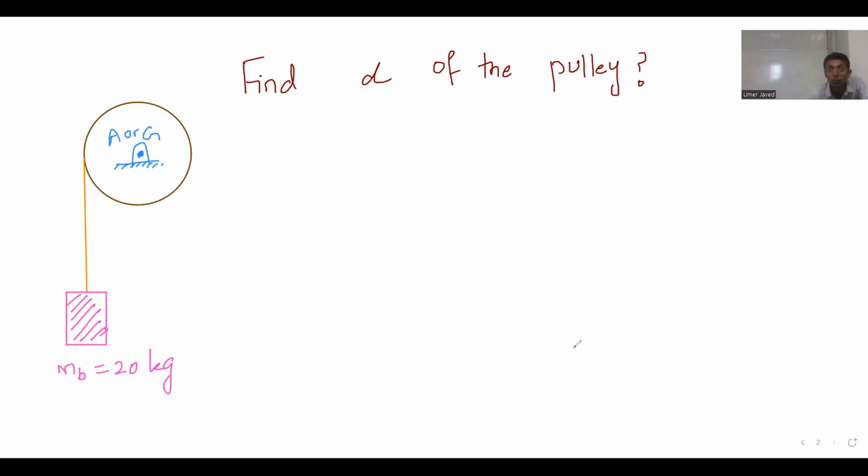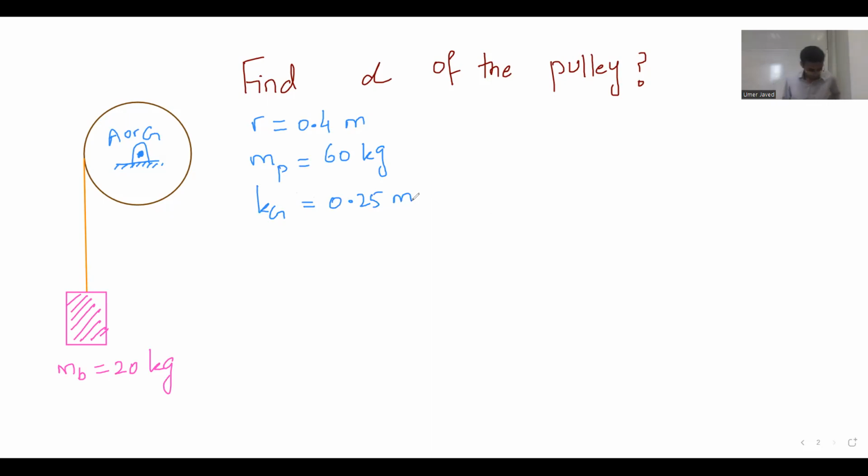What is the question? The question says that your R is 0.4 meter, and the mass of the pulley is 60 kilograms, and the radius of gyration is 0.25 meter.